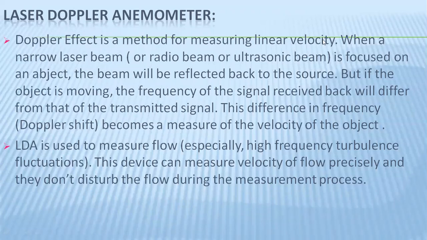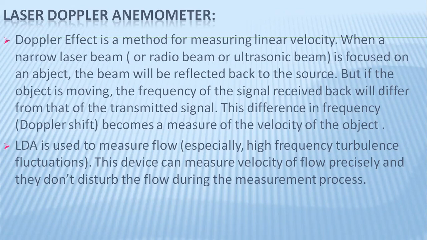And next, another flow rate measuring device, the laser Doppler anemometer. The Doppler effect is a method of measuring linear velocity using a narrow laser beam. By using a narrow laser beam, we can calculate the flow rate in different areas.